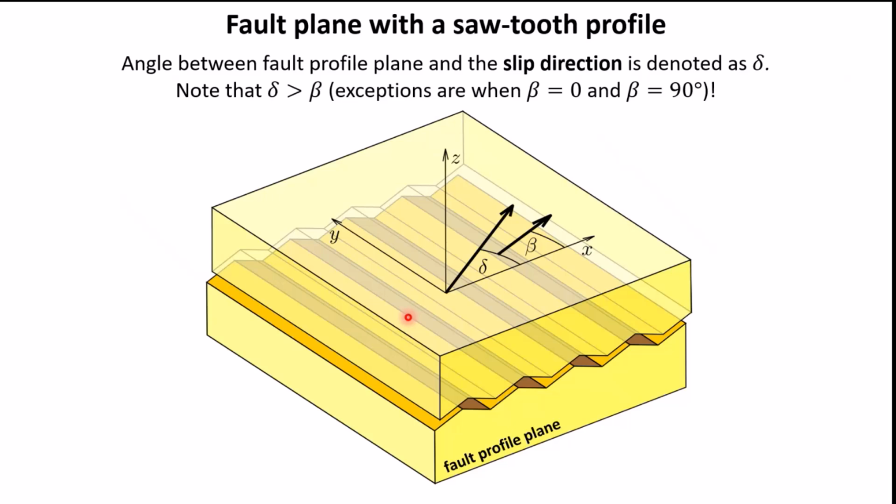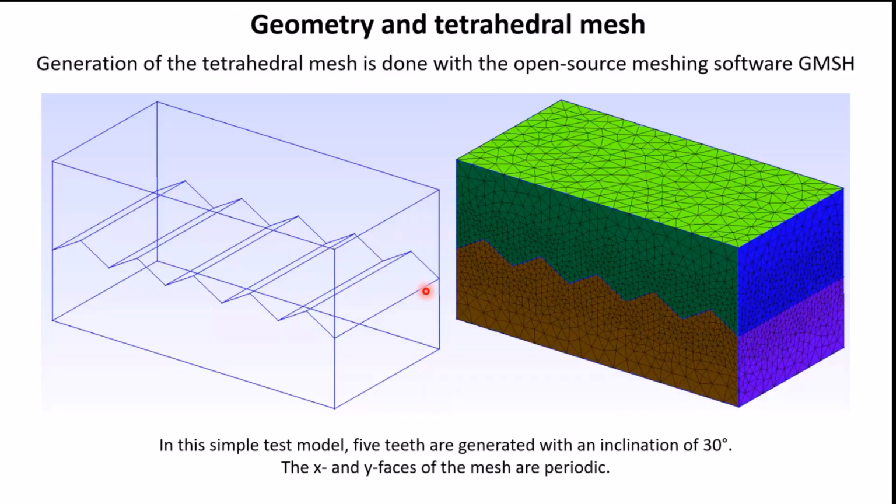So the slip direction is generally not parallel to the direction of the maximum resolved shear stress. Now I said, okay, I need to get an analytical solution for that, but I'm not smart enough for that. I need to model that, and the model will guide me to develop that analytical solution. And that's what I did.